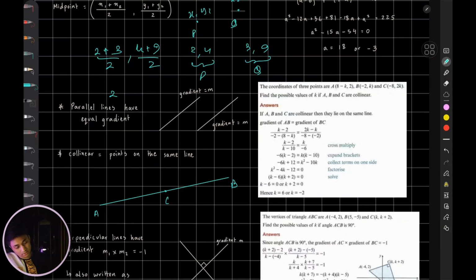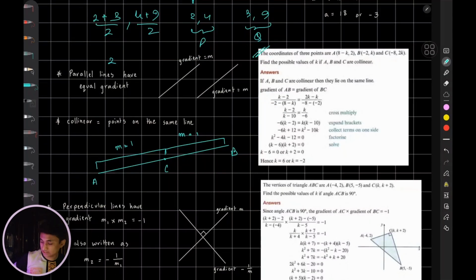You're going to notice that the gradient between AC is the exact same as the gradient between CB. The gradient between AC is 1, and the gradient between CB is also going to be 1.